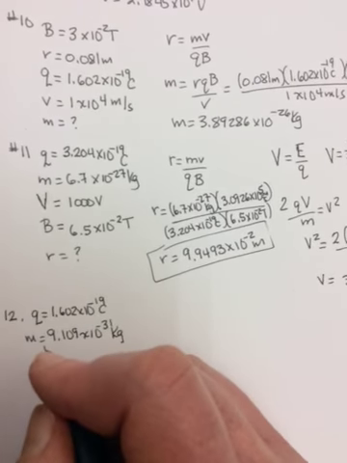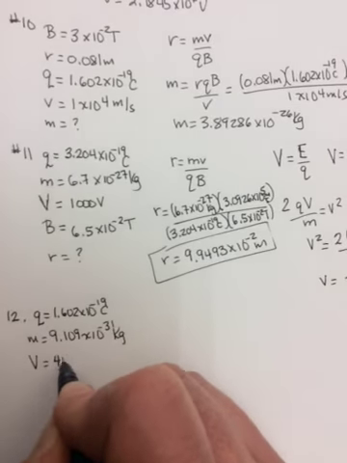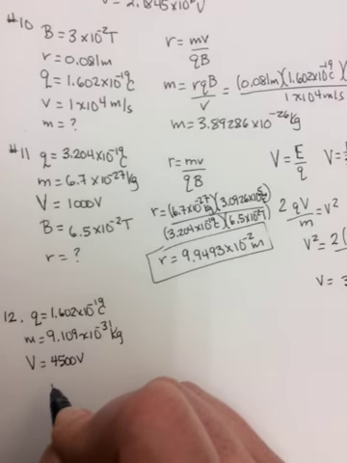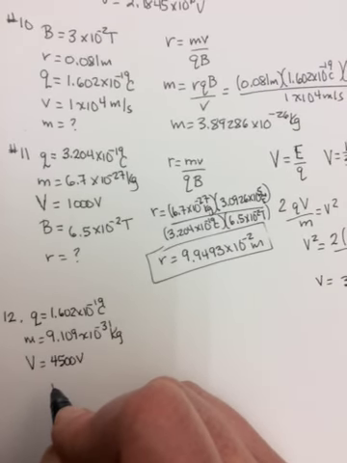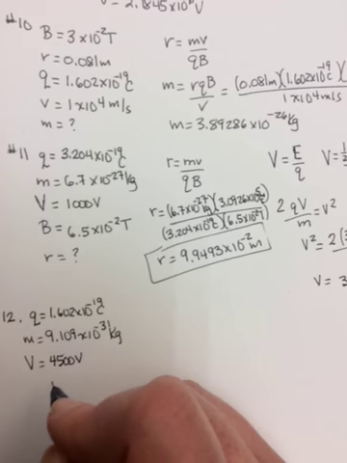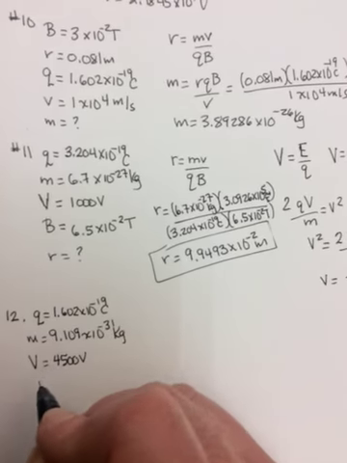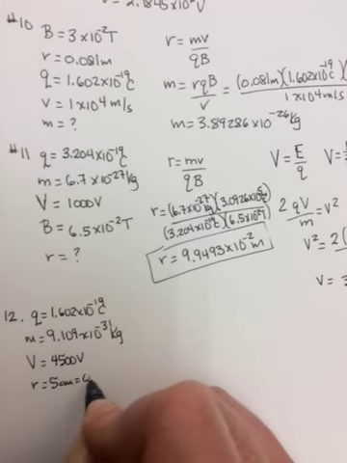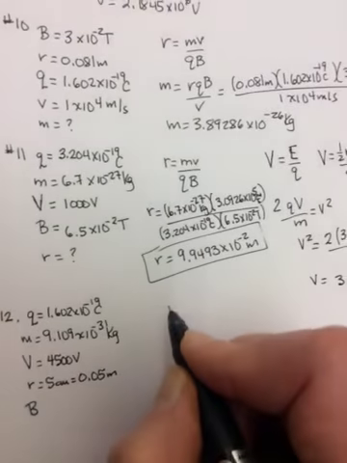It is accelerated by a potential difference of 4.5 kilovolts, or 4,500 volts. How strong a magnetic field must be experienced by the electron if the path is a circle of radius 5 centimeters? So 5 centimeters or 0.05 of a meter, and it's asking for B.